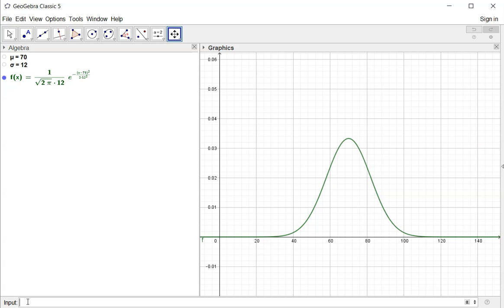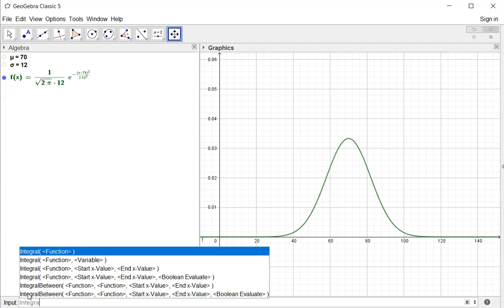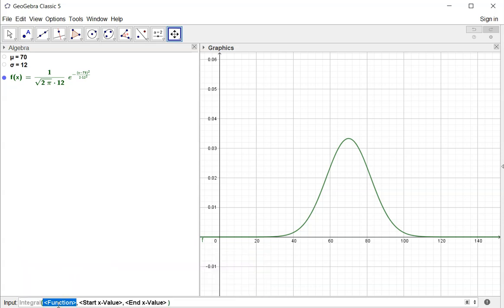So we want to find the integral. We can just say integral. It gives you a bunch of solutions. We want the starting and ending one, so we choose the third kind. The integral of this function we already defined, so we can just say f, and a right arrow to go to the next one. The starting value is, remember, at least 85, so we put 85 there.